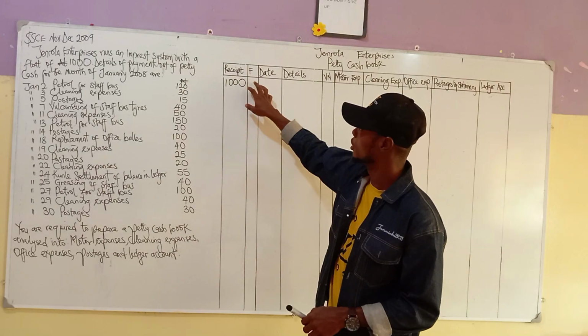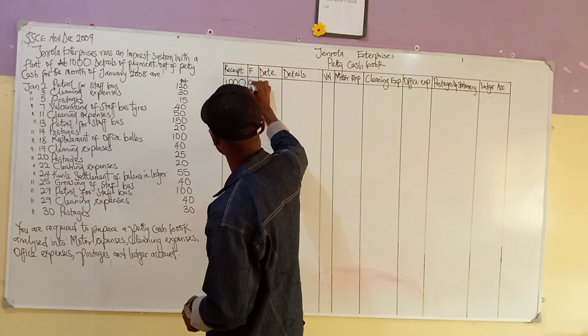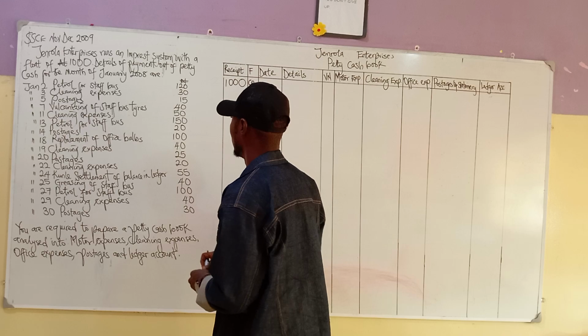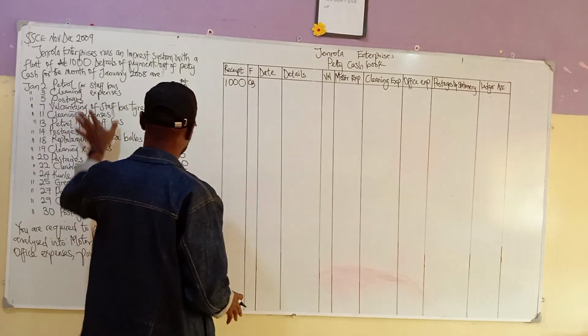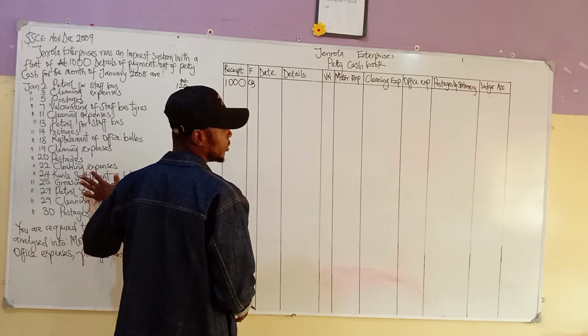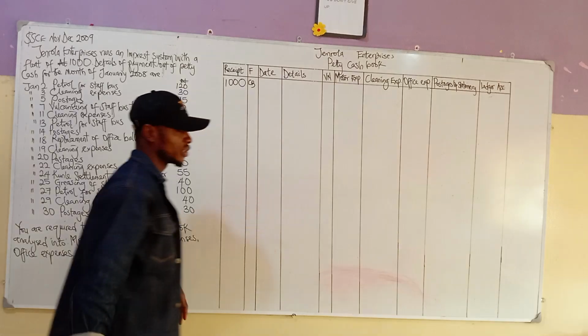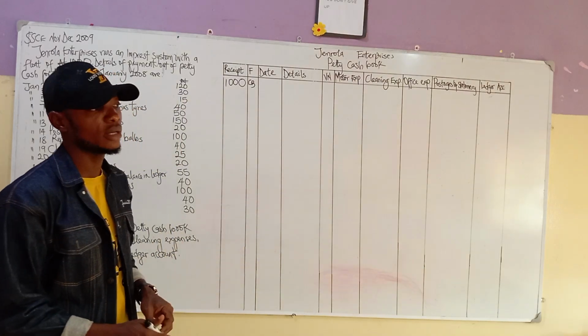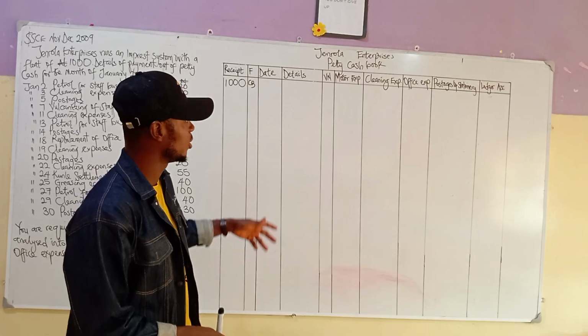Now, our folio. Here, this is my cash balance. Now, I'll start with my dates, and then details has to do with the expenses, the details of what the money was used for. Then, voucher number most times has to do with the page number that it was recorded in the ledger or the journal.